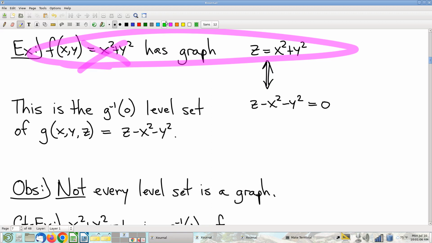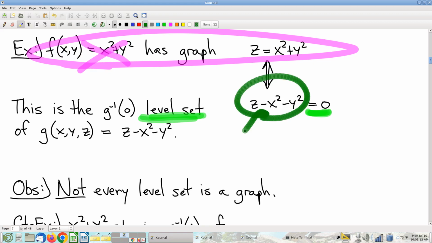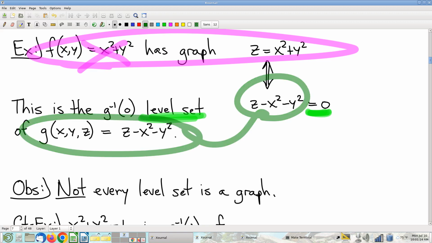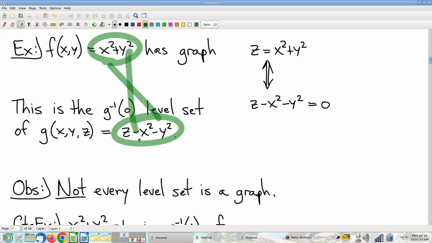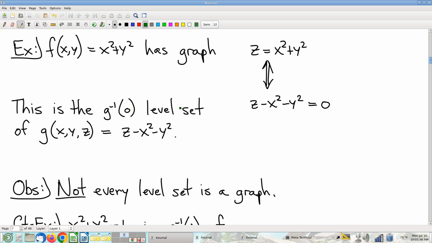I am looking at a level set of this function, and I can apply the calculus of level sets to that g function. And make very, very clear to distinguish in your mind, very importantly different, x squared plus y squared is very much not the same as z minus x squared minus y squared. Those are different. Okay. All right.